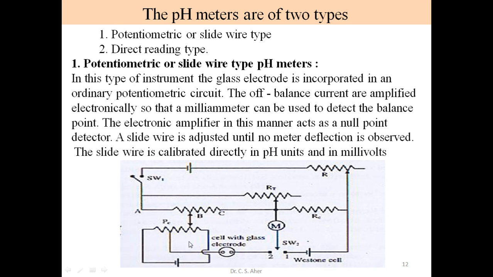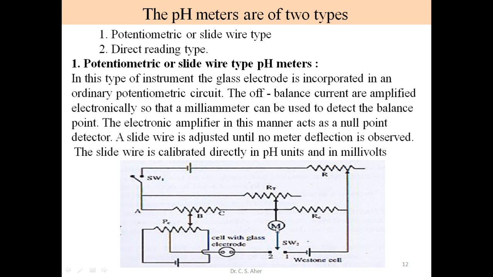Off-balance currents are amplified electronically so that millimeters can be used to detect the balance point. The electronic amplifier in this manner acts as a null point detector. A slide wire is adjusted until no meter deflection is observed.